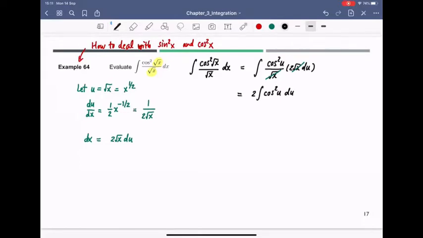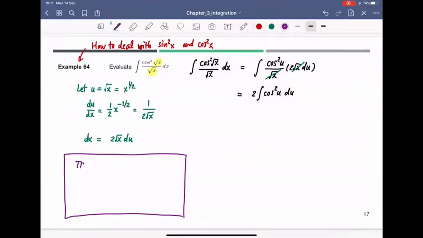Here is the problem. How do we deal with the integral of cosine square u du? If you try to make a substitution, you will see that it is impossible to do a u substitution and integrate cosine square. So when you face cosine square, remember that this is the trick.